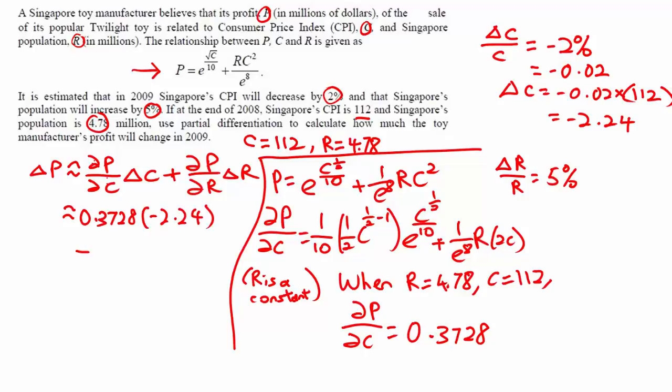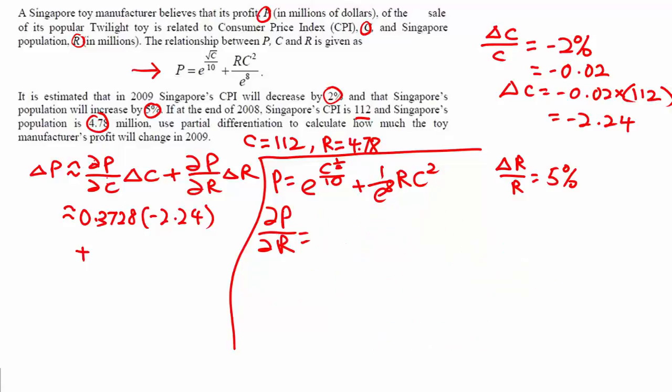For that, I need to find partial P over partial R. So to find partial P over partial R, I'm keeping C a constant, thus differentiating this with respect to R will then give me 0, since it's just a number as C is a constant. Plus, now I need to differentiate this with respect to R. C squared is a constant, so differentiating R will then be 1.